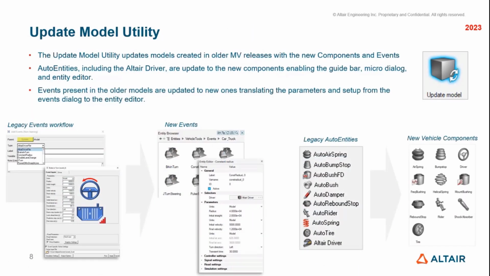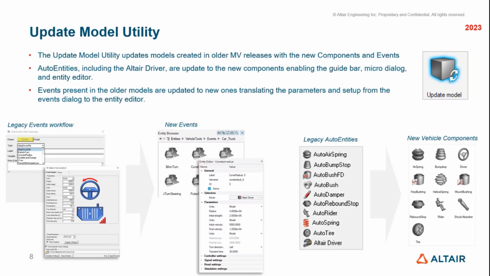Another tool that's very needed is for when the user has a classic model, an old model, and opens the new interface. So we include this update model icon button that automatically translates all the legacy events and the legacy auto entities into this new configuration.